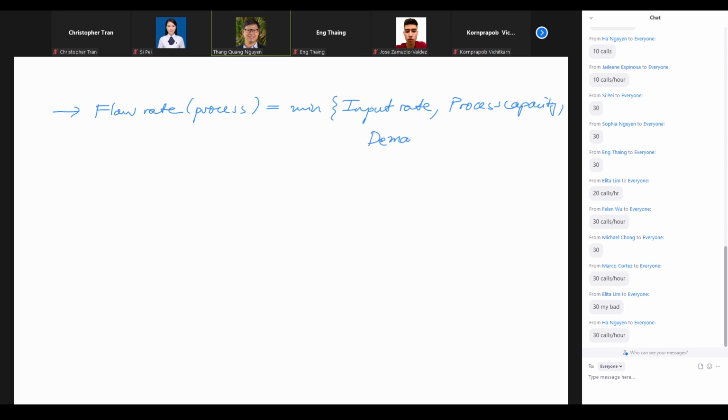We just talked about all three earlier, and now we bring them together in this equation. So it sounds like a mathematical equation, right? Because we find the minimum among the three, but it's not mathematical. This is how a business should operate. A manager should make that decision, okay?